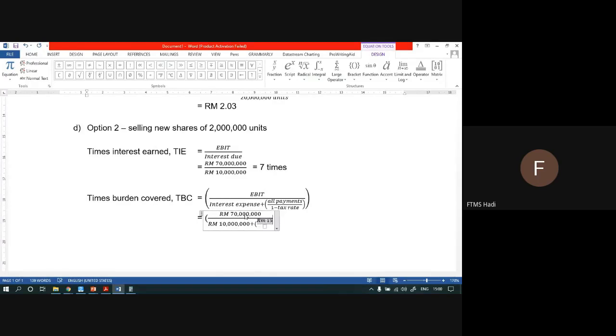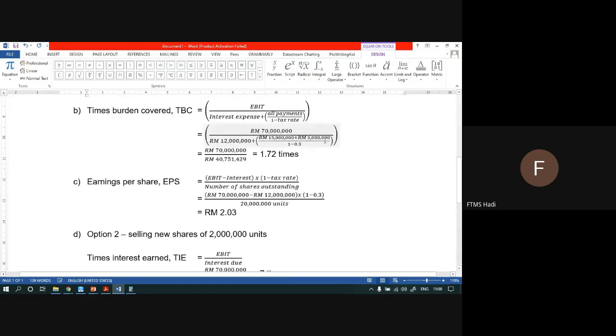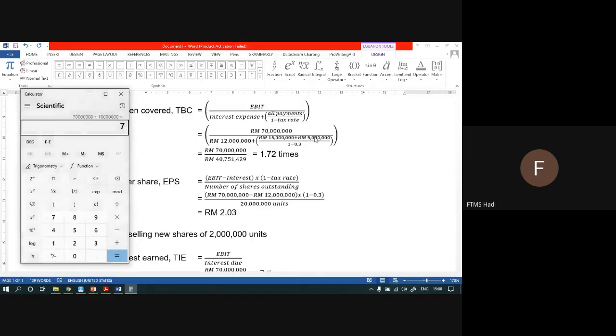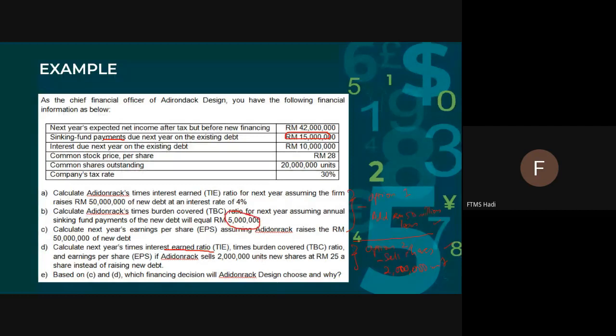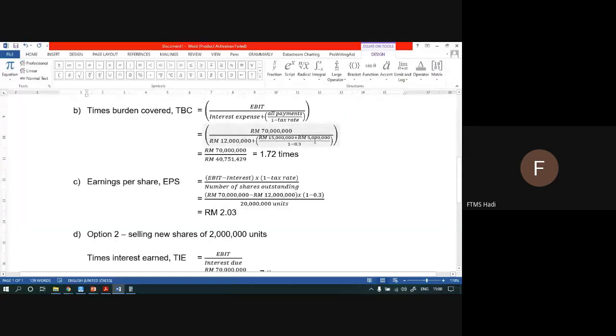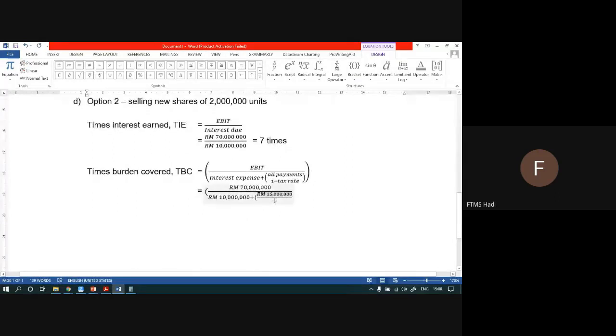Please do not add up 5 million, because previous semester students tend to mix this up. The 5 million is at question B, which is wrong. You cannot mix up information from B to calculate this. So 5 million is not included in the answer. Then 1 minus tax rate, which is 0.3.